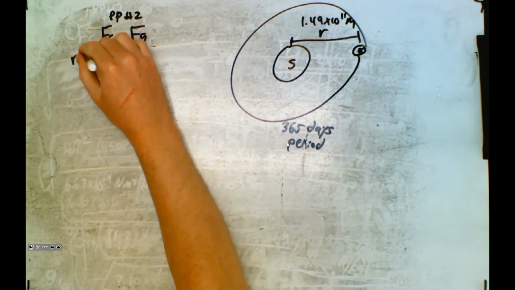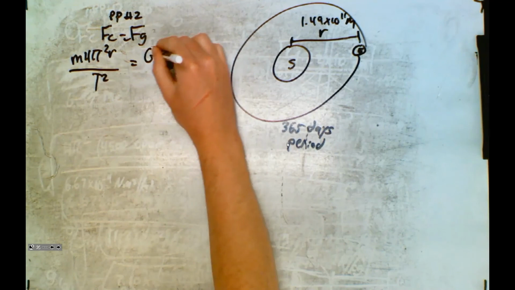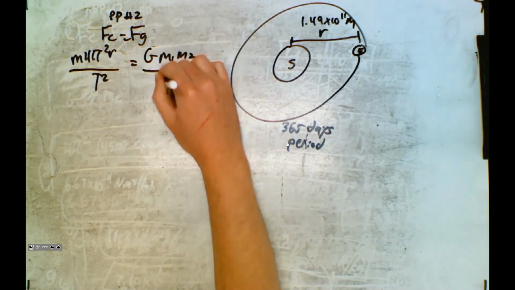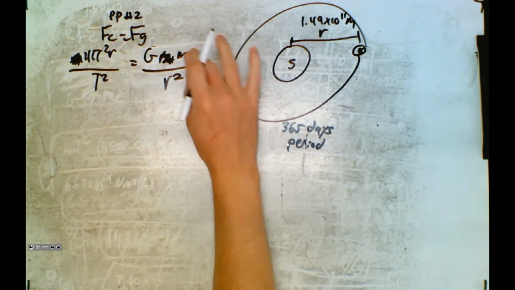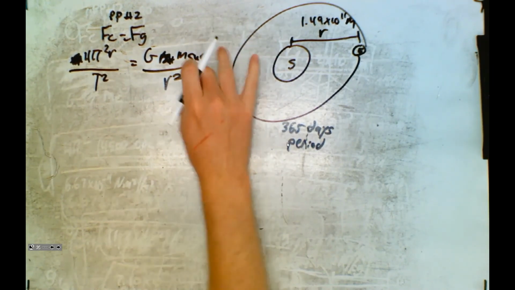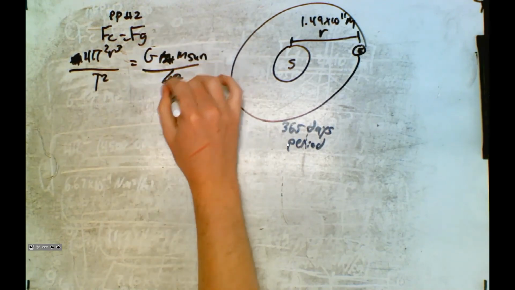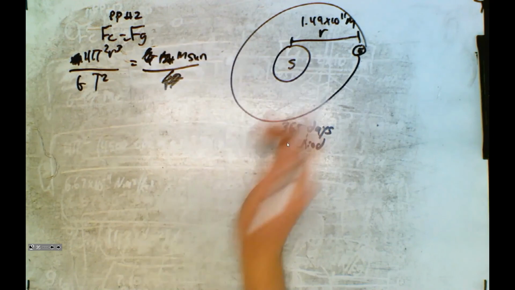So we're going to use m 4 pi squared r all over t squared equals g m1 m2 all over r squared. Mass of the Earth cancels out because that's our orbiting body, and what we're left with is the mass of the sun, and that's what we're trying to find. So move the r up there to make it r cubed, move the g down below, and we're ready to roll.